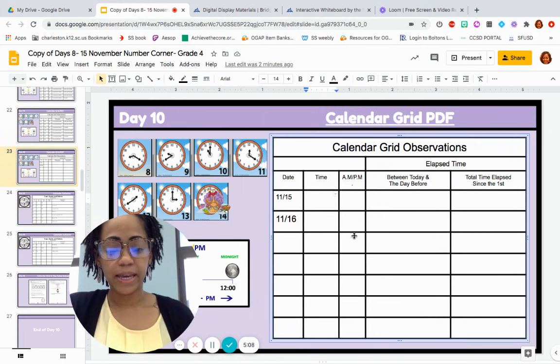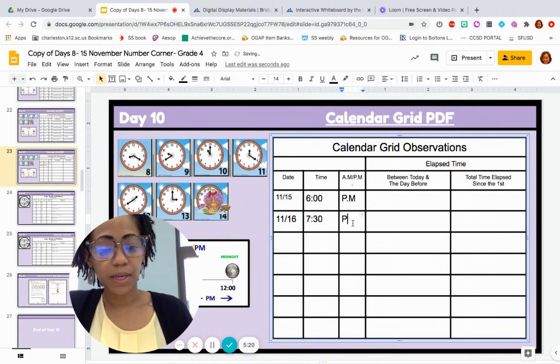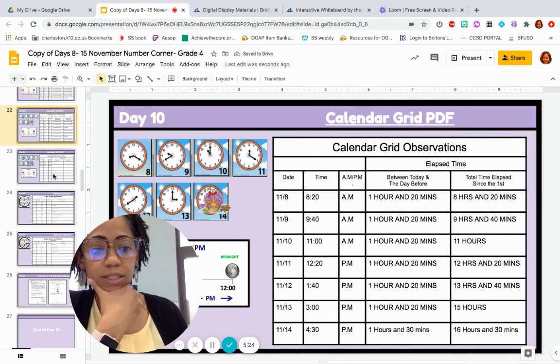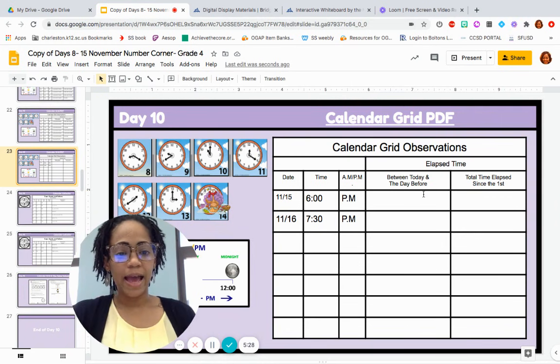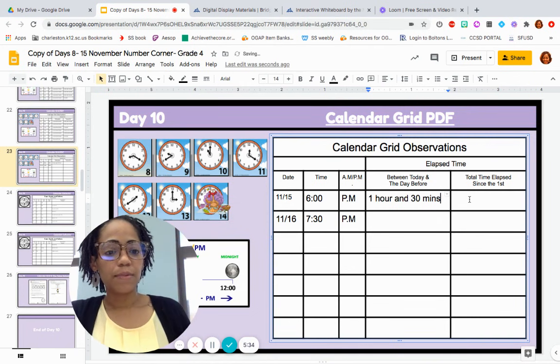So we had 6 o'clock, which is p.m. And then we had 7:30, which is also p.m. And we've collected 16 hours and 30 minutes as of Saturday. So now that we are adding 1 hour and 30 minutes, how much time have we collected?